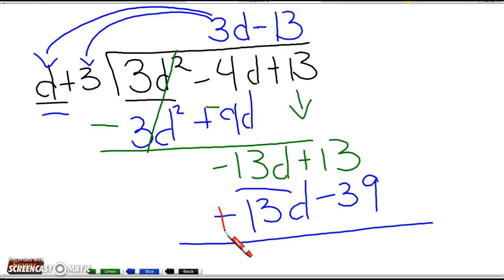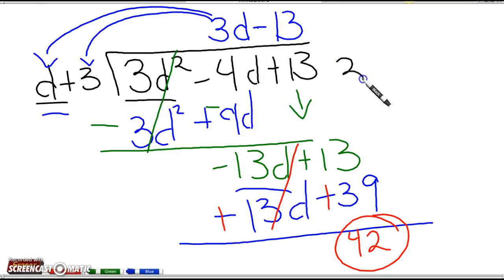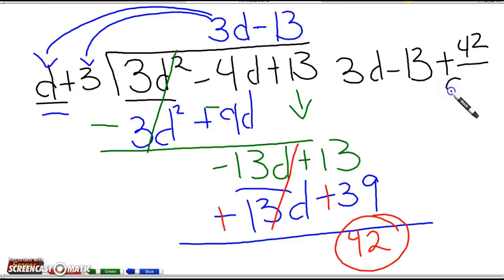So this becomes positive and that becomes positive. And I know that I'm doing it right because my first terms are always going to cancel out. I want it to cancel out. That's how I designed it. And so when I add this, I get 42. So 42 is my remainder because there's no number that I can multiply d by to get just plain old 42. So my final answer would be 3d minus 13 plus 42 over d plus 3.